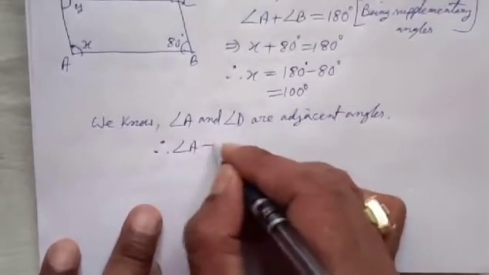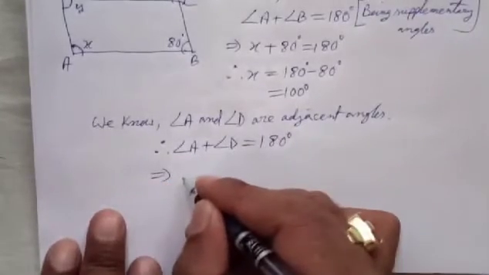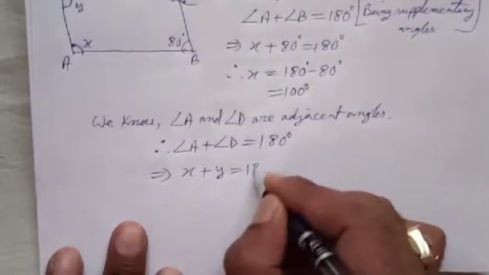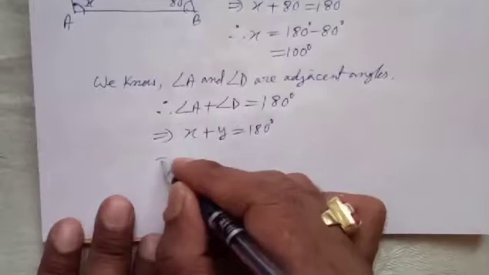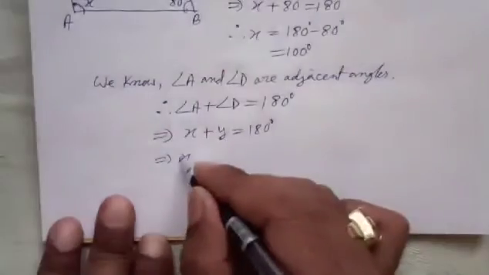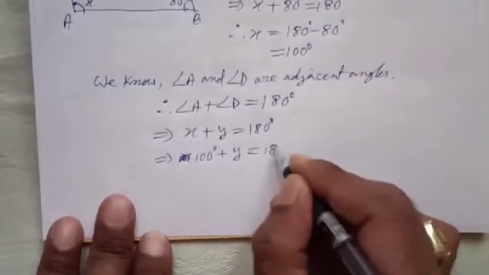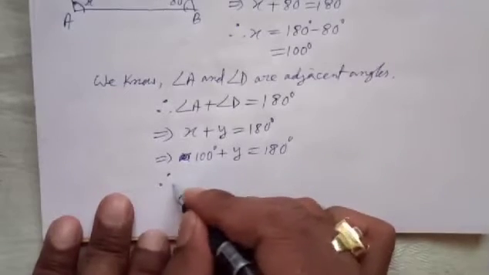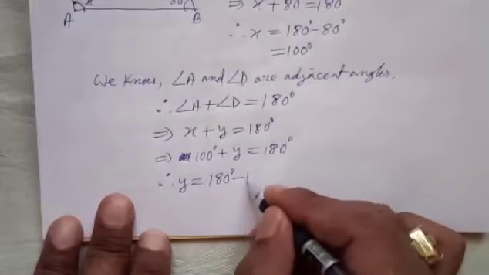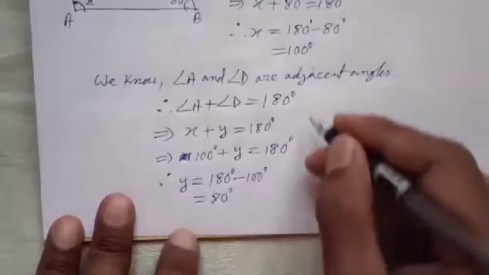Therefore, angle A plus angle D are also 180 degrees. Angle A is x, angle D is y, and 180 degrees. x is 100 degrees plus y is equal to 180 degrees. Therefore, y is equal to 180 degrees, 100 transposed to the other side, then minus 100 degrees. If we subtract, we are getting 80 degrees.